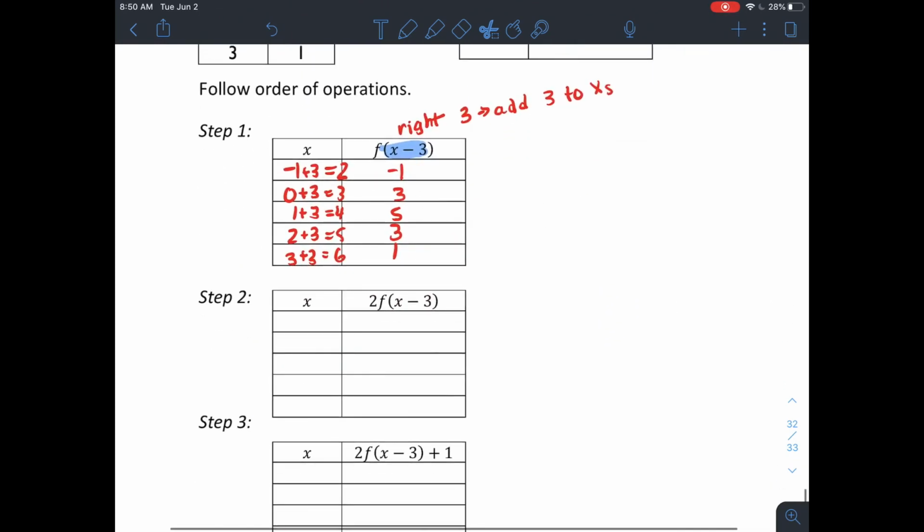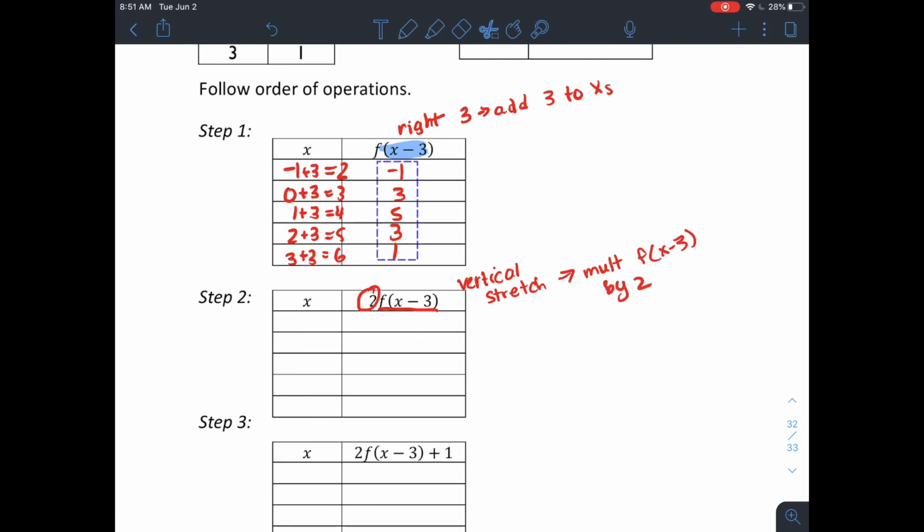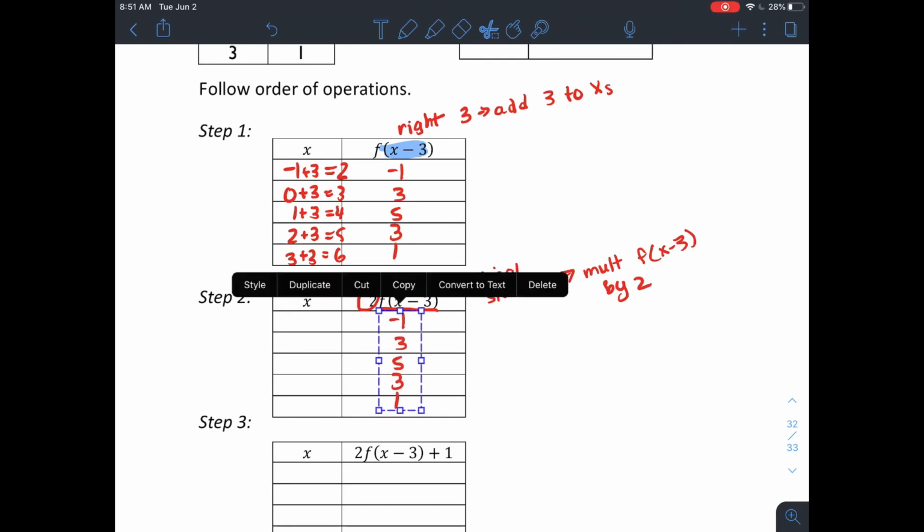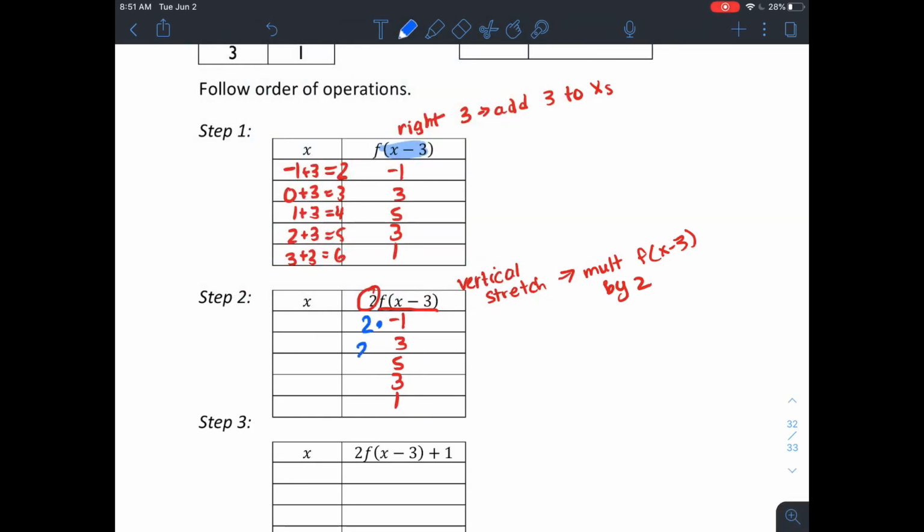Okay, so next transformation that needs to happen, I multiply before I add or subtract, order of operations. So if I multiply those values for my output, my y values times 2, it's going to be a vertical stretch. So I'm going to take my y values for my function and multiply them by 2.